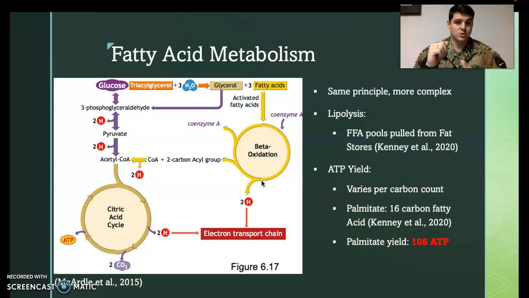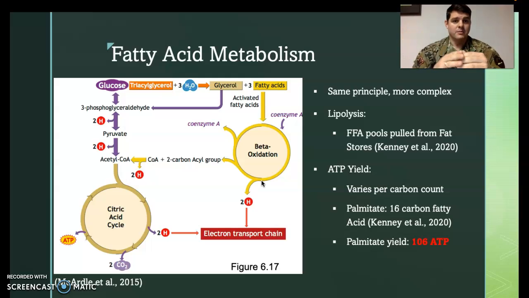Beta oxidation is the process of taking those fatty acids, breaking them down, and metabolizing them further to produce those 2-carbon acetyl-CoA groups. Depending on the carbon content of the fatty acids, with palmitate we have a 16 carbon fatty acid. They'll be breaking off in 2 by 2 chunks as they get removed, so that'd be 8 acetyl-CoA groups pushing over, and then they would rotate through the Krebs cycle once again.